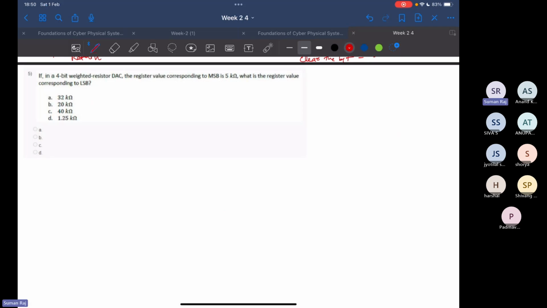All right. So in this question, it says if in a 4-bit weighted resistor DAC. So now we are talking about digital to analog converter, which is 4-bit. So your n is equal to 4 over here. The register value corresponding to MSB. Does anybody know what MSB means?